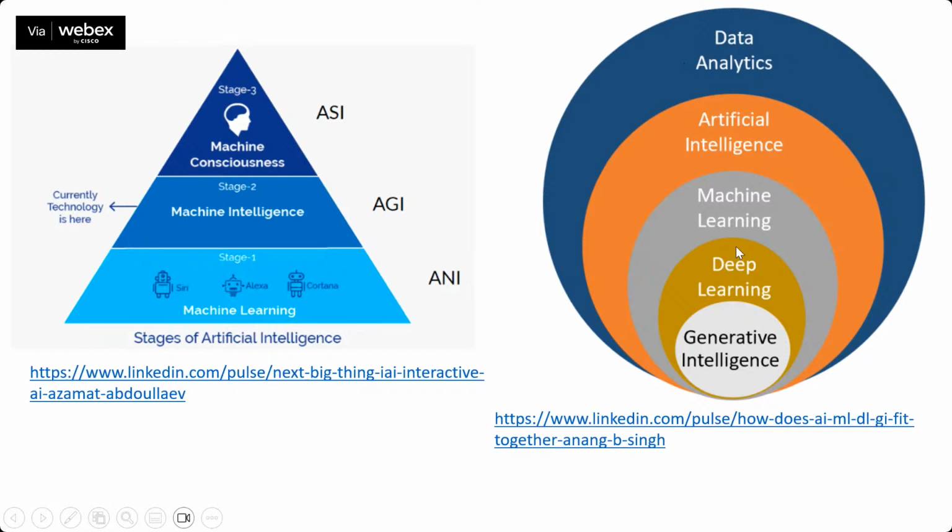And if we take a look at how this field of AI evolved, so first, when we talked about data and computerization, it was all about putting the data into a digital format. Okay, so you started having data. Then you started having data warehouses and data analytics.